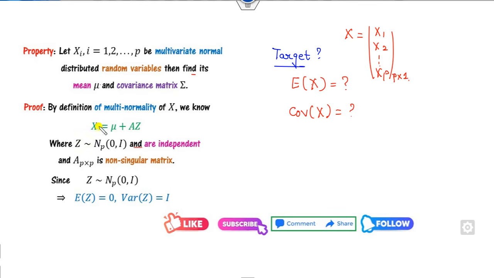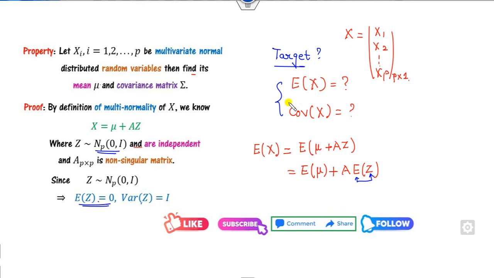Now, in order to find the mean, I can start from E of x. It will be E of mu plus A into Z. Since A is a non-singular matrix that has real entries, I can take it outside. So I need the mean of Z, and since Z is a normal distribution, the mean of Z is 0 and variance is 1.